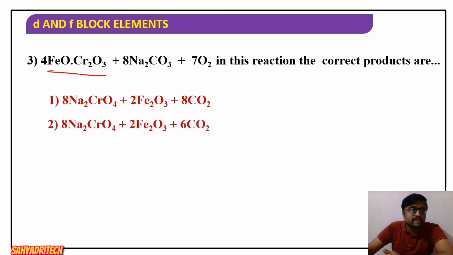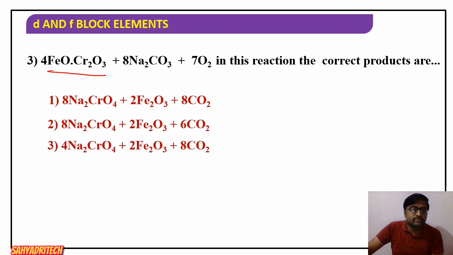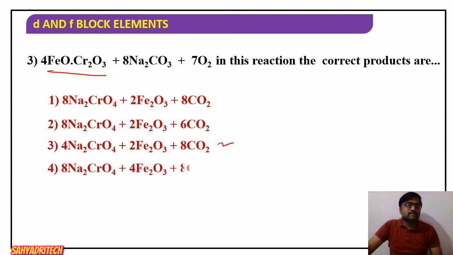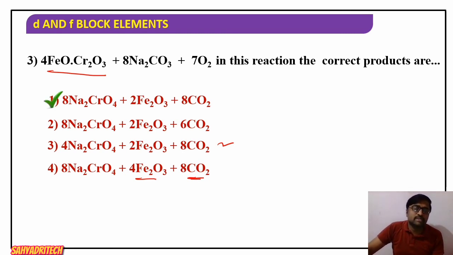Second, 8Na2CrO4 plus 2Fe2O3 plus 6CO2. Then 4Na2CrO4 plus 2Fe2O3 plus 8CO2. The next one, 8Na2CrO4 plus 4Fe2O3 plus 8CO2. So we have to look for the correct products. What is the answer? First one: 8Na2CrO4 plus 2Fe2O3 plus 8CO2.